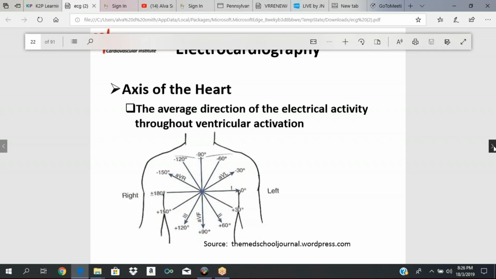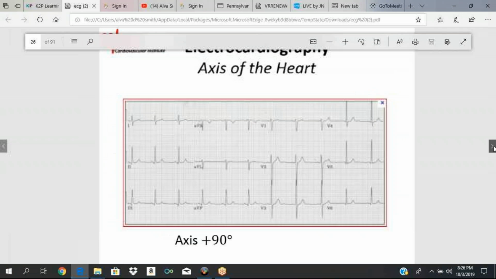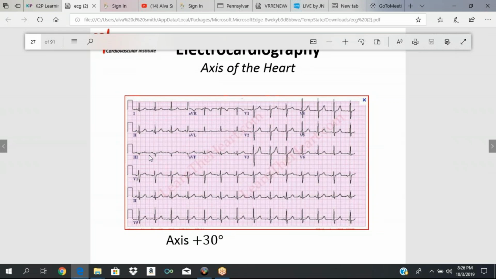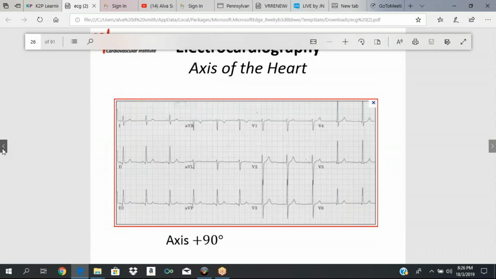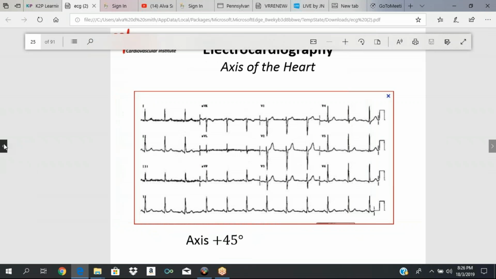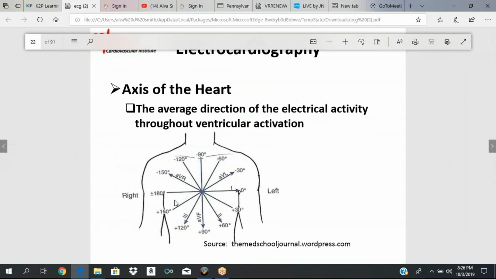So let's look and see what our axis is. If we say lead 3, perpendicular to lead 3 is AVR. Everybody see AVR right there? But if you look closely, you see AVR is negative. It's not going up, it's going down. So looking at your cheat sheet, positive AVR is right up there, because everything up here is negative.